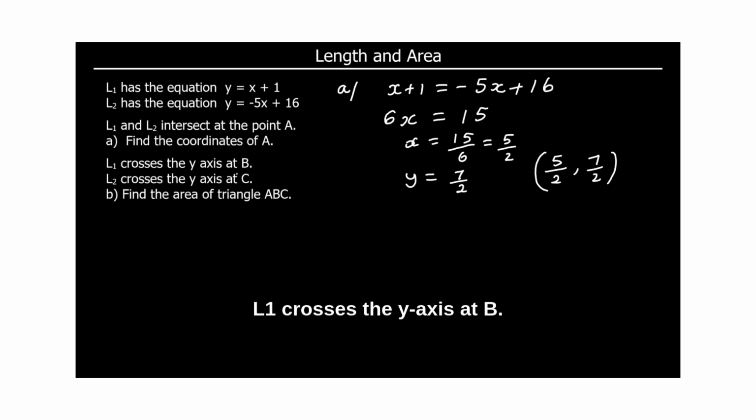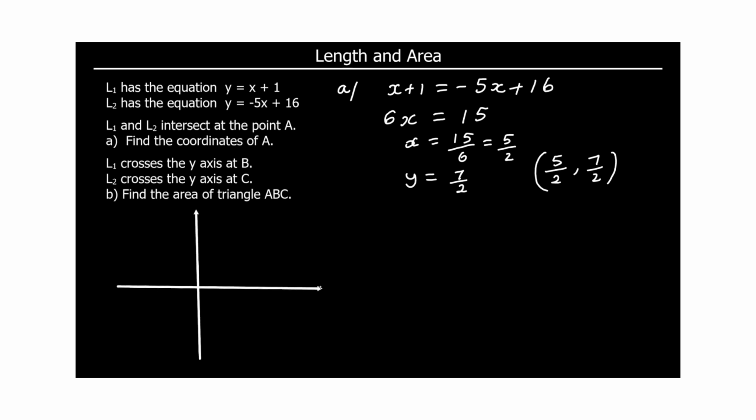L1 crosses the y-axis at B. L2 crosses the y-axis at C. Find the area of triangle ABC. So let's sketch what we've got here. So we have two graphs, L1, which is y equals x plus 1, so it crosses at 1.